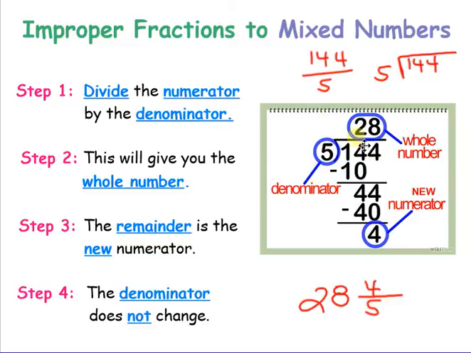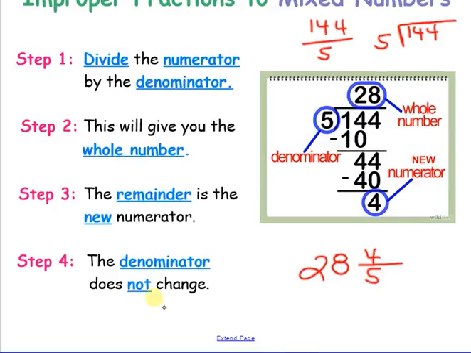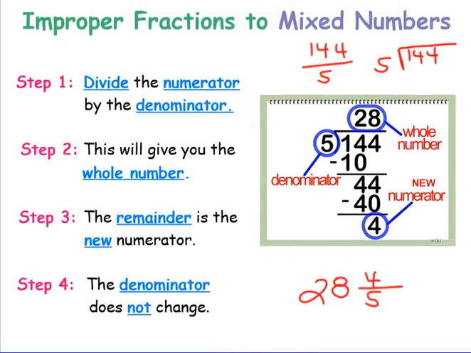Now this is a division problem, and it's not hard. There are some people who hate doing division, and that's not a problem. So I want to show you more of a mental math way to think about it, if this works for you.